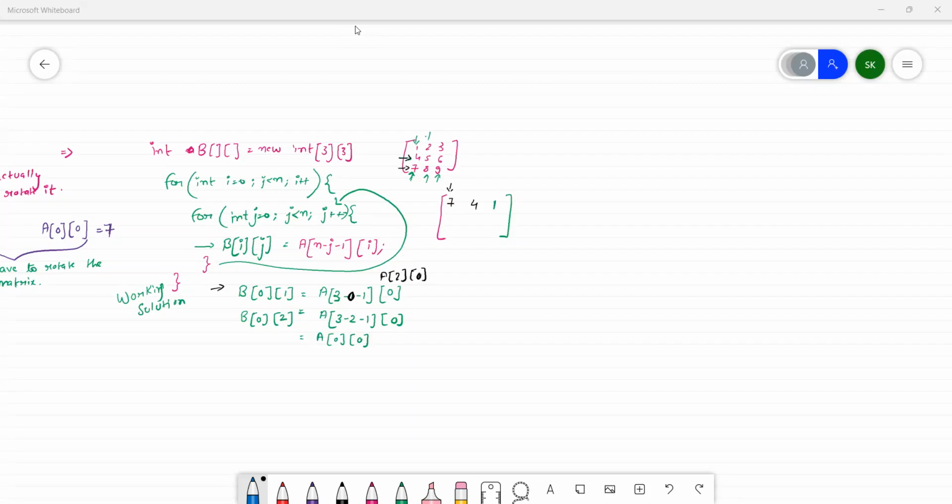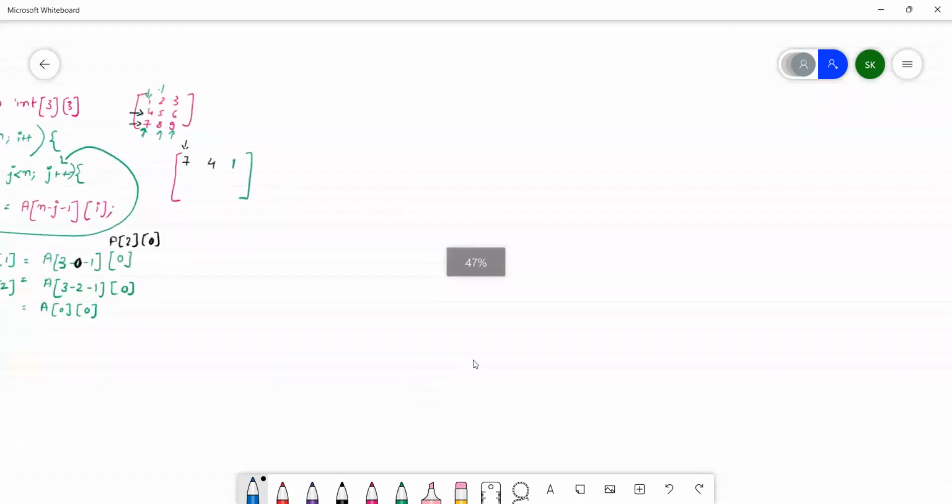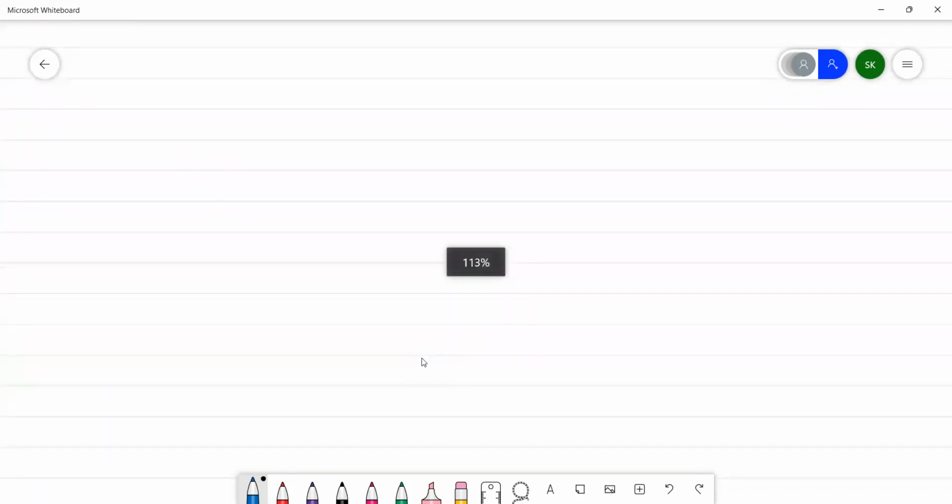Not tried. Okay. Cool. If nobody was able to do that, just a minute. Let's see how we can solve this particular problem.